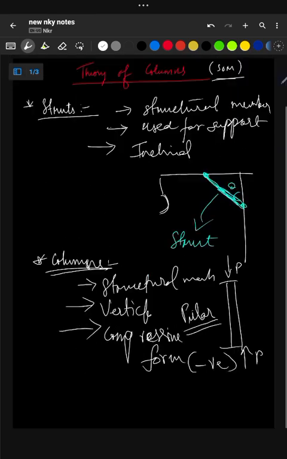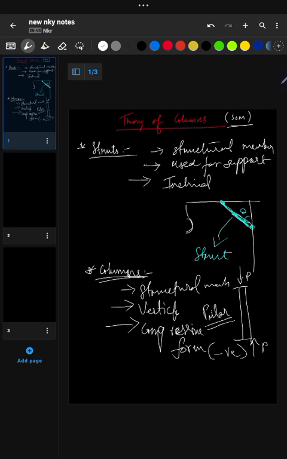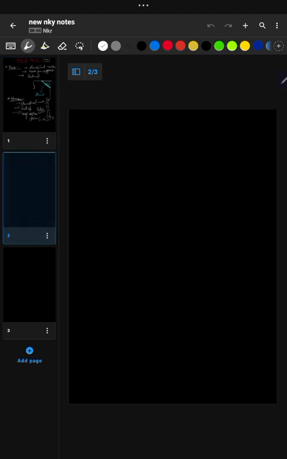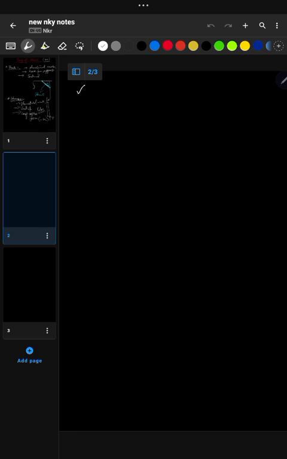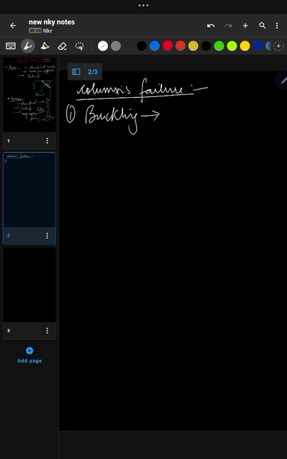After that, what will we study here? Basically we'll be studying column failure. There are two types of column failure. The first one is buckling. What do we mean by buckling? Buckling is nothing but sudden bending.